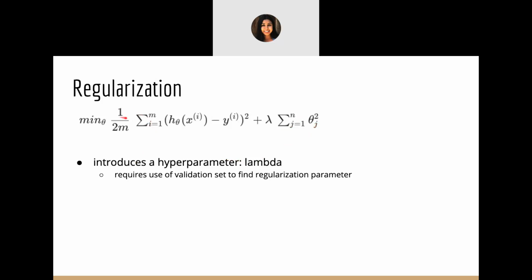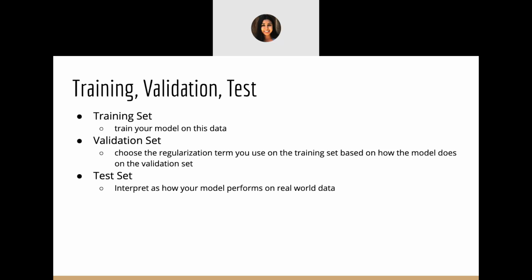But now that process of regularizing your cost function will introduce a new hyperparameter called lambda, and that means we'd have to use what's called a validation set to find this new parameter. So we can do a split with our data set and split it into three parts.